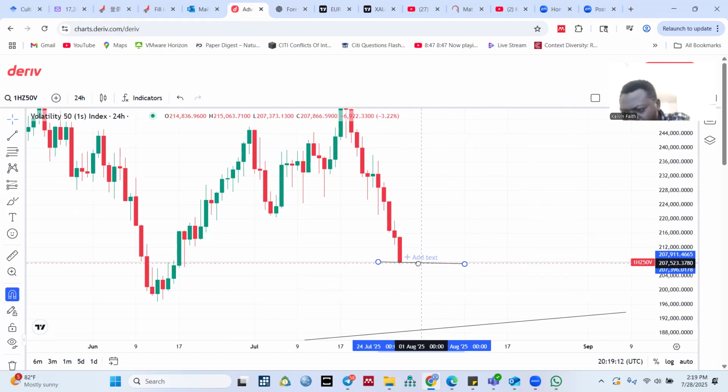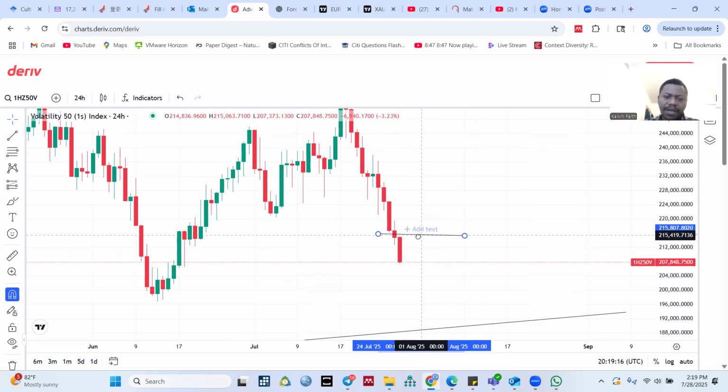It's left with about 4 hours to close. Yesterday's candle started from here, so this weekly candle started from somewhere here, makes a high and then makes a low. Yesterday, high, retrace, and then pushed down.